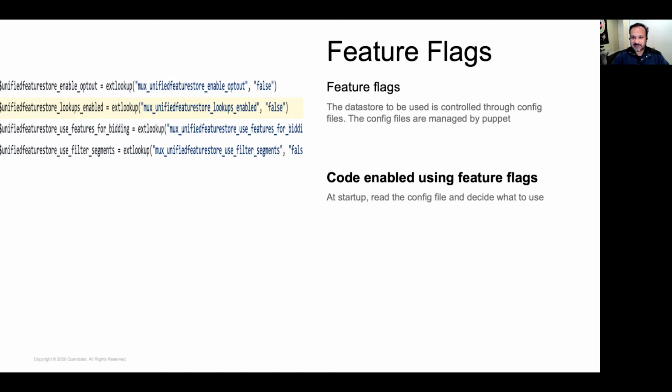We would disable that feature flag and then deploy this change again, restart our mux, and it would go back to using Keebler. So feature flags made our deploy process pretty fast, and the rollback was pretty fast as well.